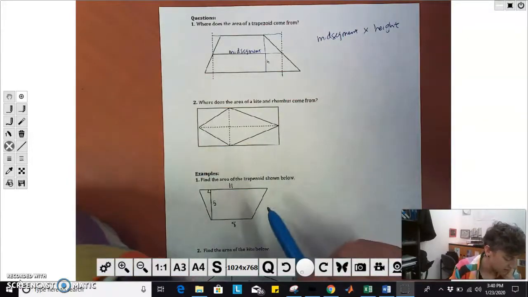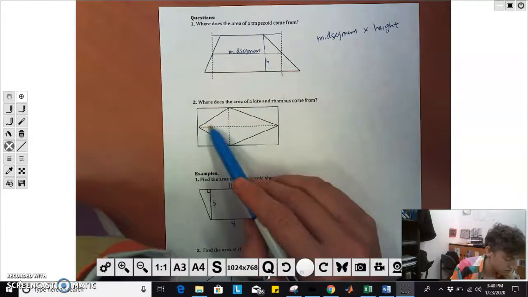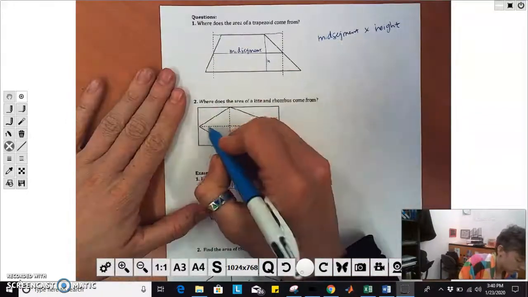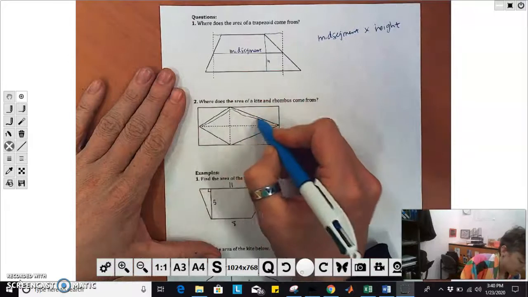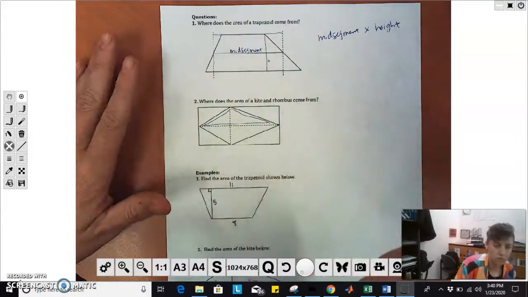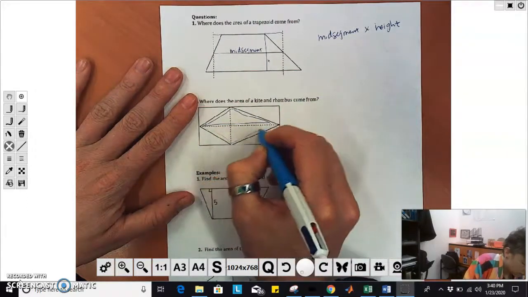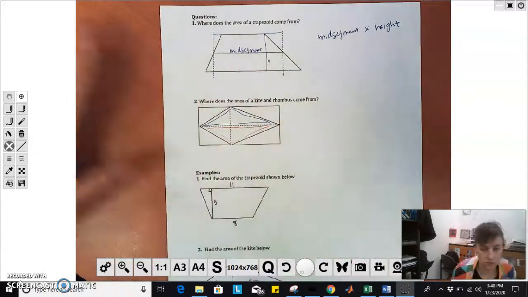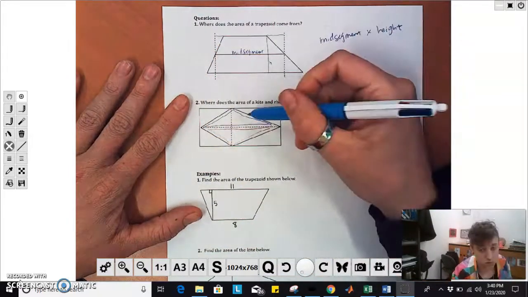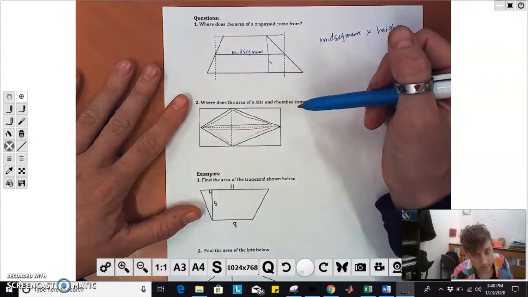How about the area of a kite and a rhombus? Well, here I see there are 2 triangles. I got a triangle on the top, and a triangle, oh, different color triangle on the bottom. But we know that those triangles are congruent. So if I found the area of this triangle and I multiplied it by 2, that'll be the area of the whole kite.